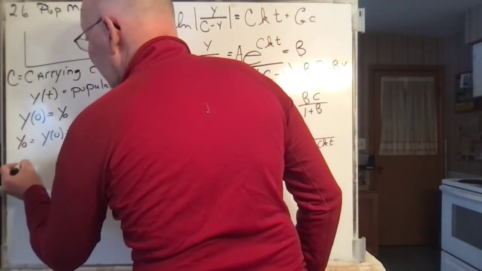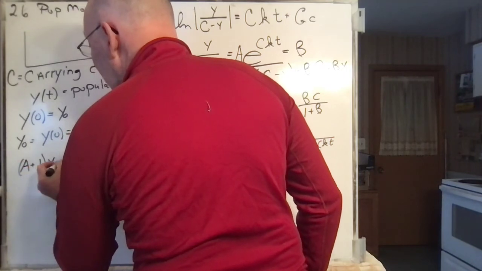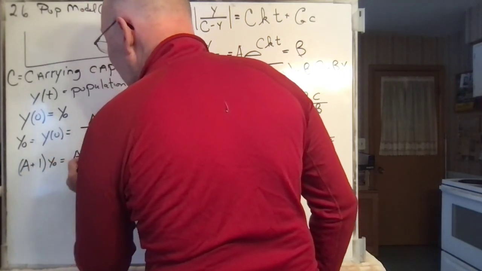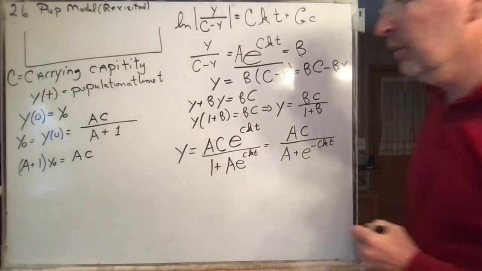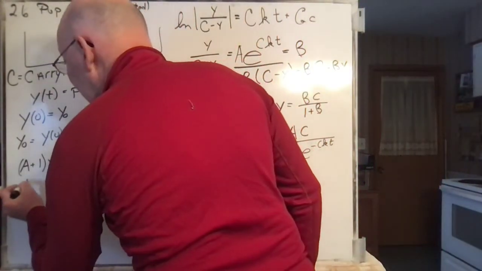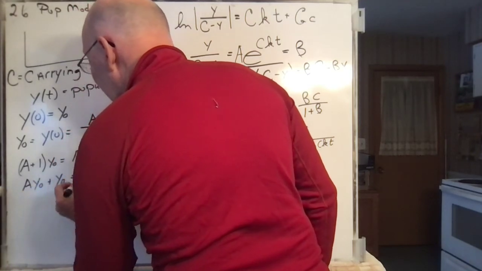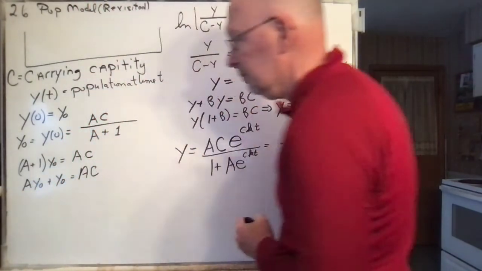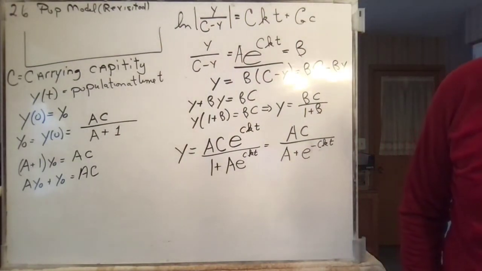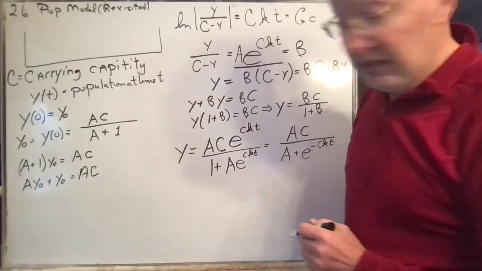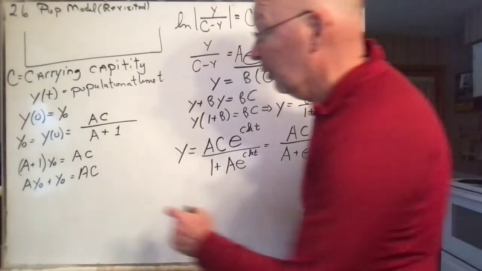So we're going to write it as A plus 1 times y naught is equal to AC. And again, we're solving it for A, right? So we multiply this through and get A y naught plus y naught is equal to AC. Bring everything with the A over to one side, the same way as I did here.